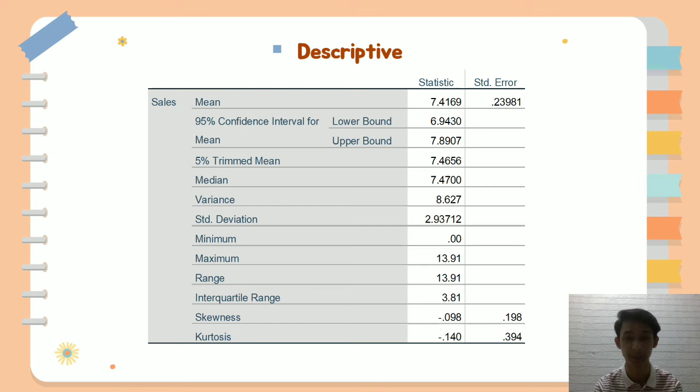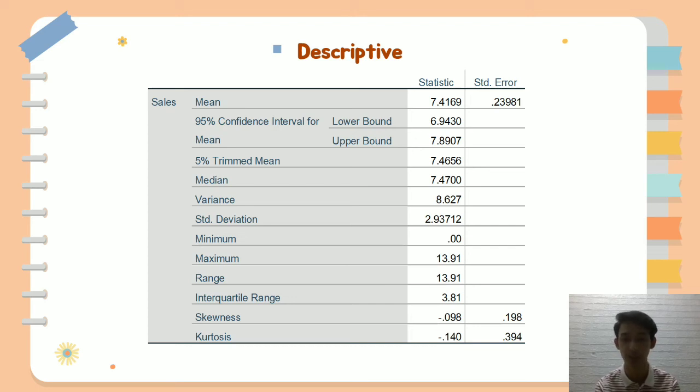For the 5% trimmed mean, 7.4656, while the median is 7.4700. The variance is 8.627, and the standard deviation is 2.93712. The minimum is 0, the maximum is 13.91, and the range is 13.91. The interquartile range is 3.81.